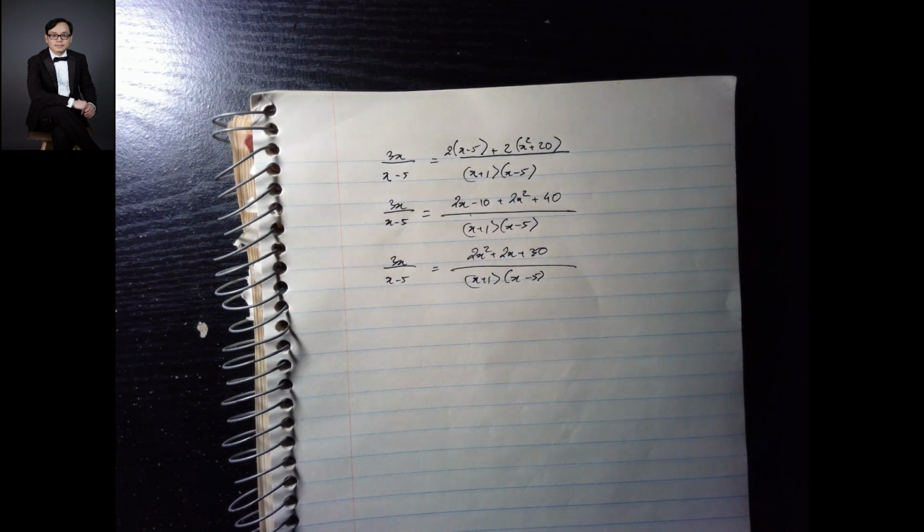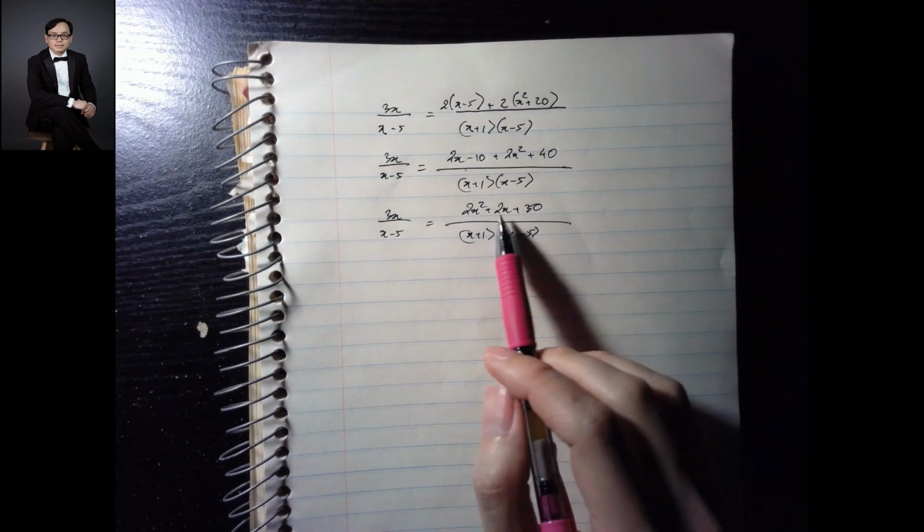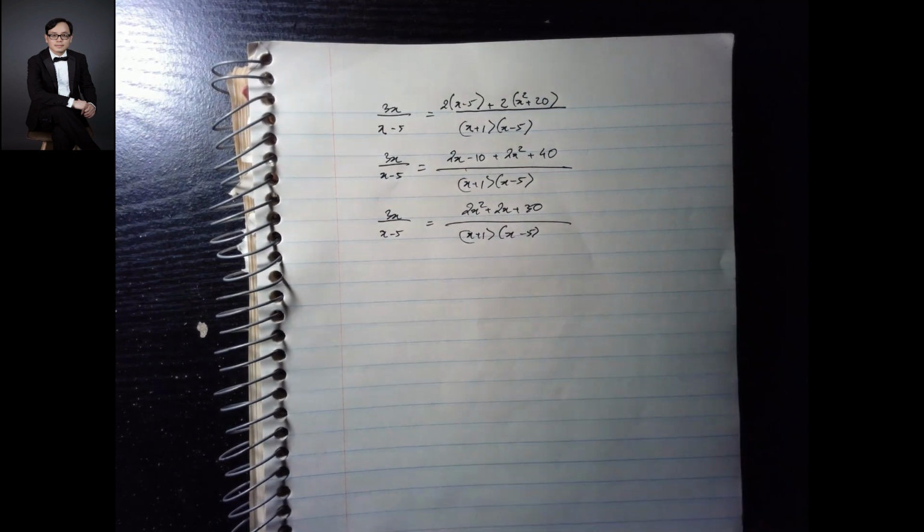Now what? On the left hand side I have x minus 5, on the right hand side I have x plus 1, x minus 5. So I have two fractions equal to each other. Back in the day when you learned how to compare fractions, you got the same denominator and compared the top. So if two fractions are equal, we convert them to the same denominator and set the numerators equal to each other.